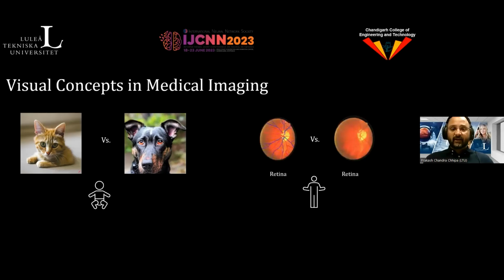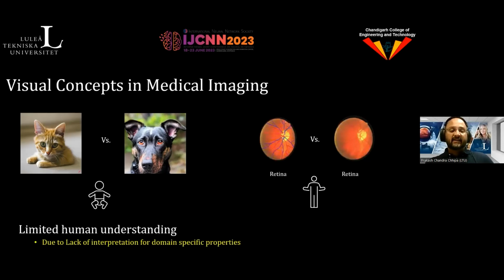The visual concepts and discriminative features present in these two retina images are not easy to understand, and although humans have expertise in the domain, they always lack interpretation of the domain-specific properties.